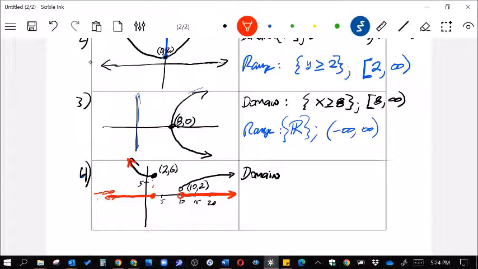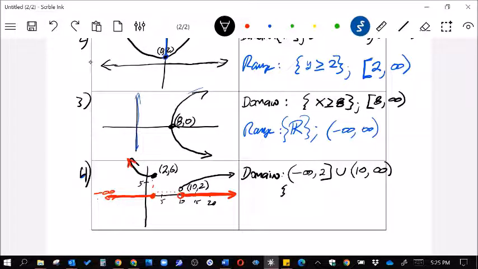The domain does not include all these in-between ones. So for the domain, I'll say it's from negative infinity to the number 2, including the 2. And I'm going to put a U here because it's in union with, meaning it also includes all the numbers from 10, but not including 10, going up to positive infinity.